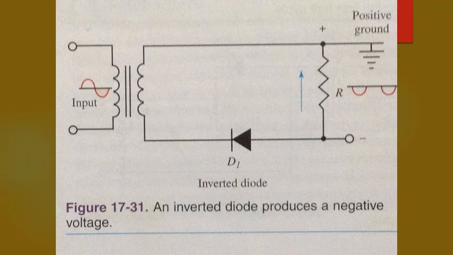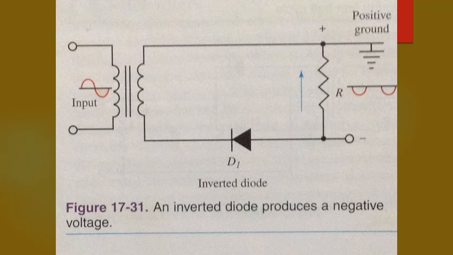The current through R would be from anode to ground, making the anode end of R negative and the ground end of R more positive. Voltages taken from across R, the outputs, would be negative with respect to ground. This circuit is called an inverted diode. It is used when a negative supply voltage is required.